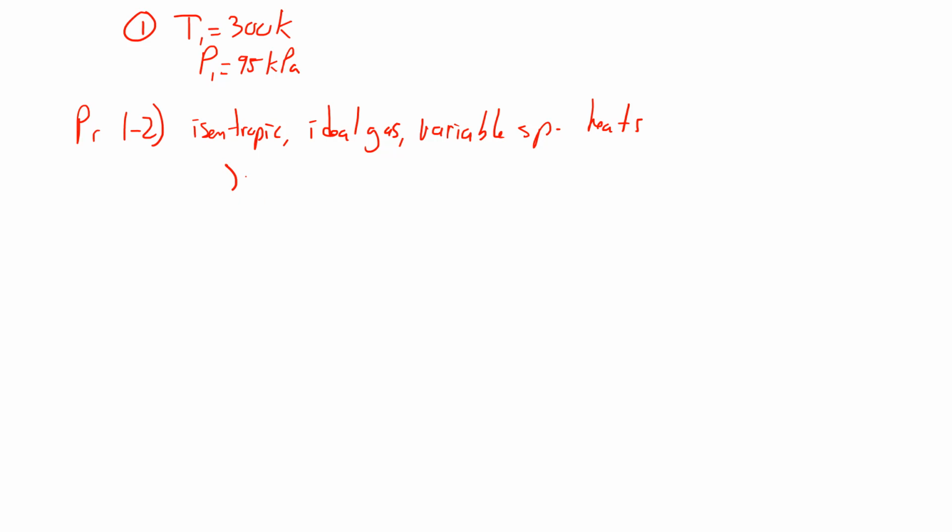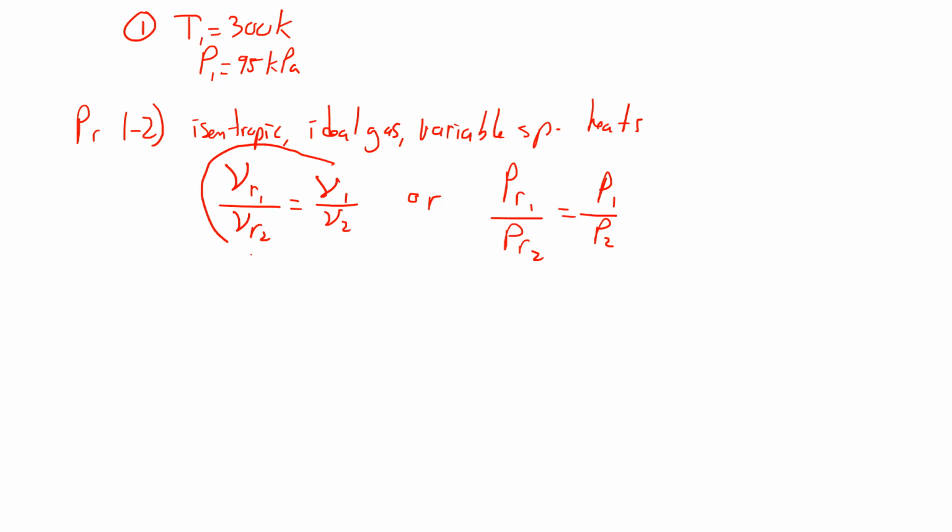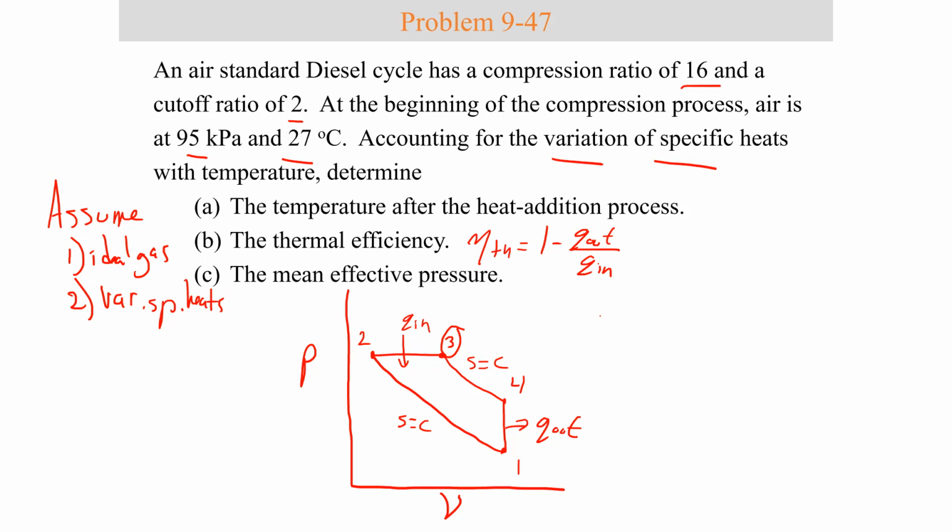So if we remember, to find the state change of an ideal gas undergoing an isentropic process with variable specific heats, you can use one of these two correlations using relative pressure or relative volume. In this problem, we're going to use relative volume because the problem gives us volume ratios.